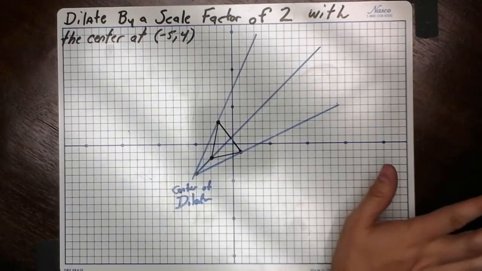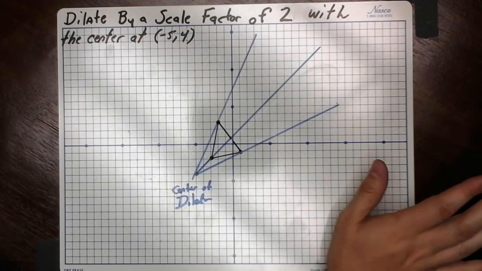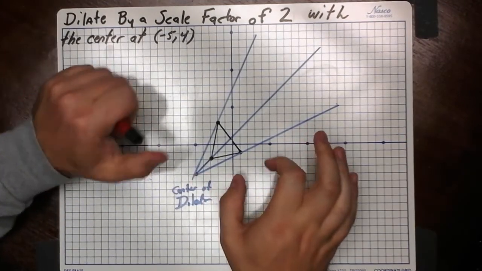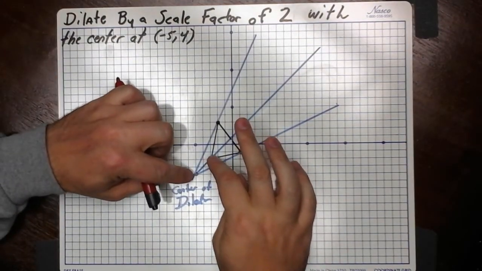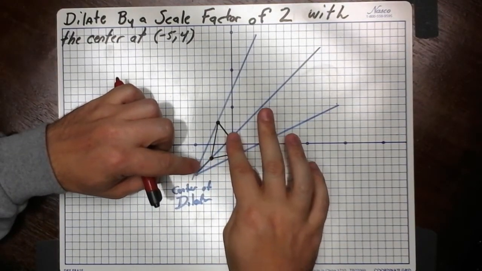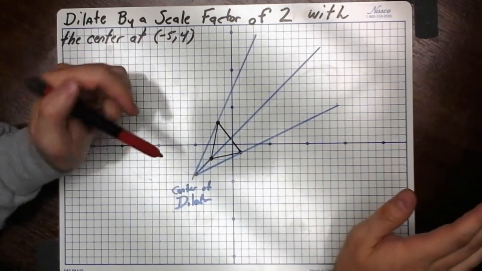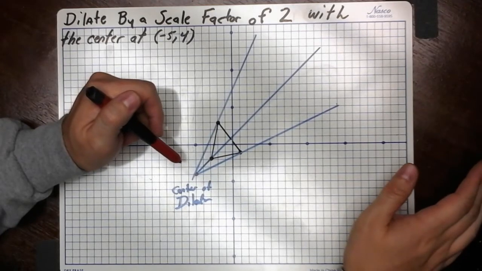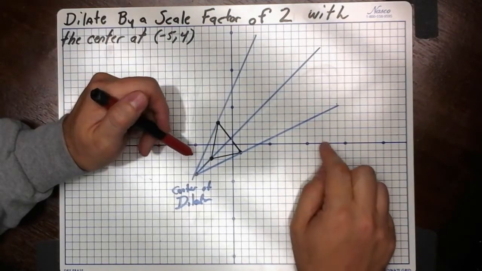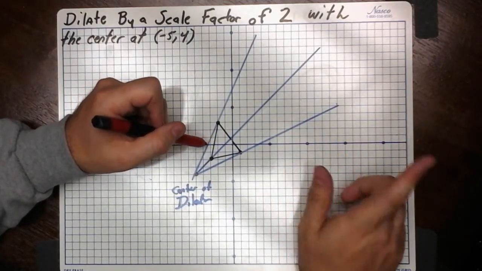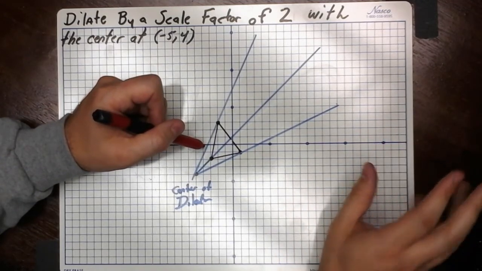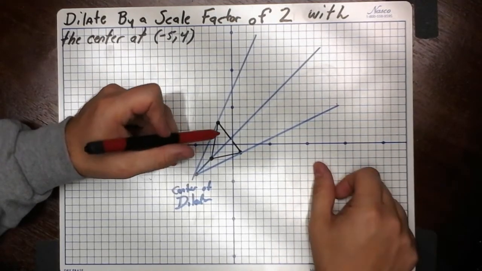Now, what I'm going to do is I'm going to dilate this thing. I could use a ruler and double the distance. So, like, this guy is going to end up out here, that's going to end up out there, and this one's going to end up out there. But you don't always have a ruler handy. So what I'm going to do is count by using the rise over run kind of method, the slope.